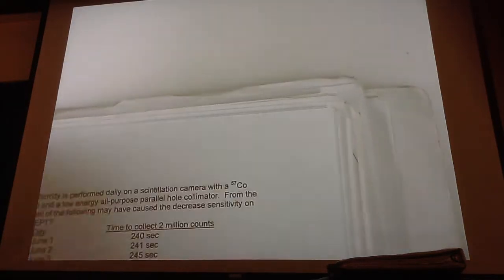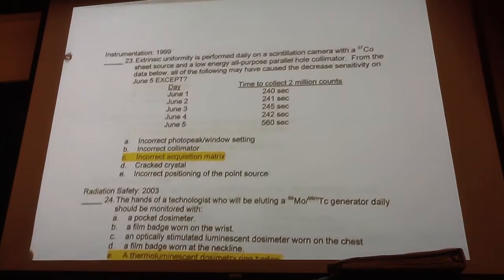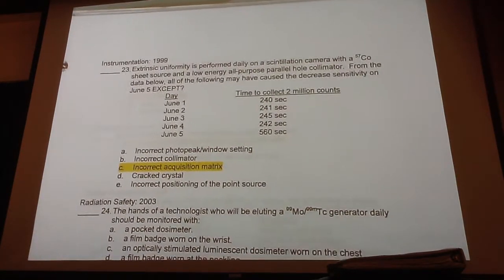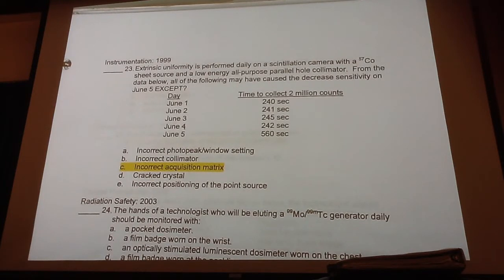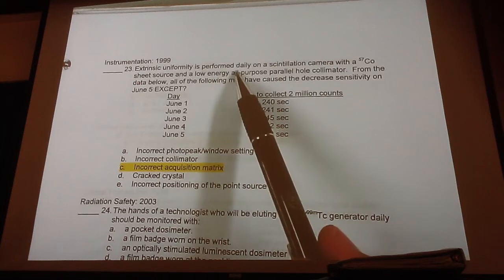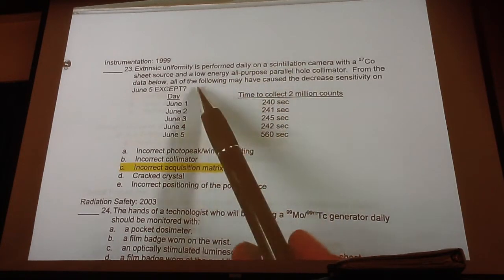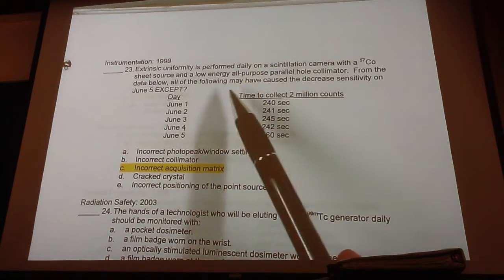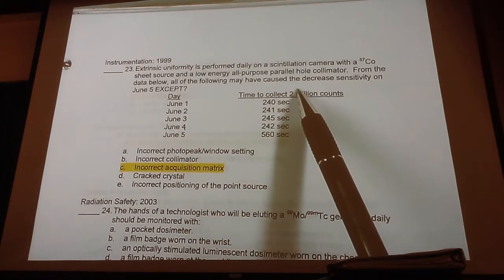Okay, let's take a look at number 23 here. On this one, you're doing extrinsic uniformity every day with a cobalt source. And remember that camera sensitivity is counts per second per microcurie.